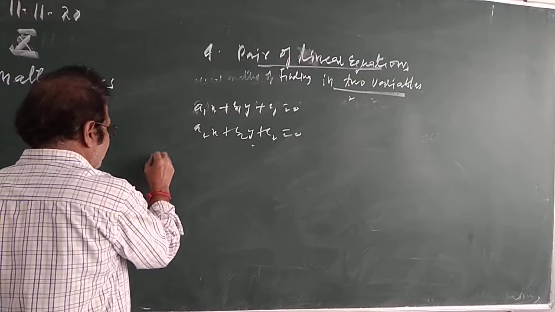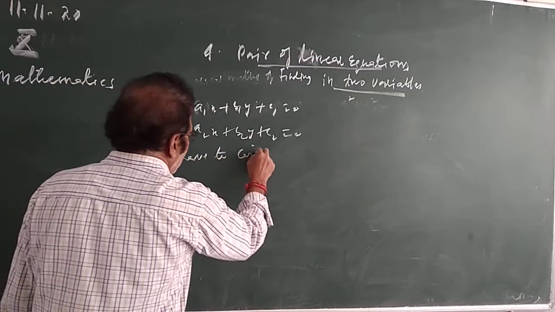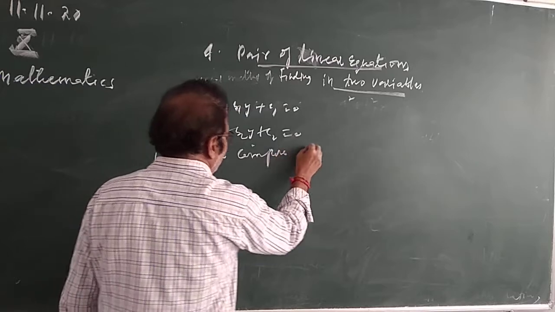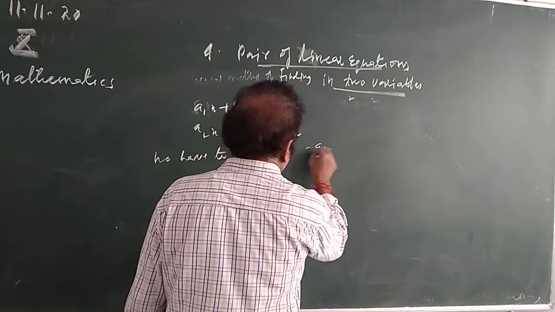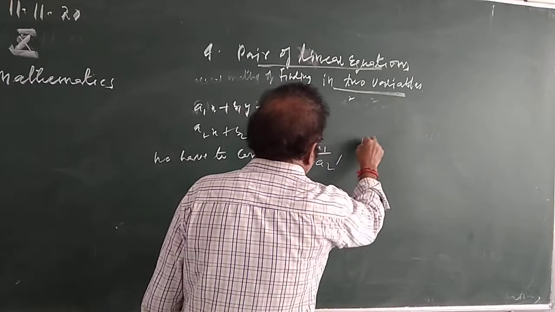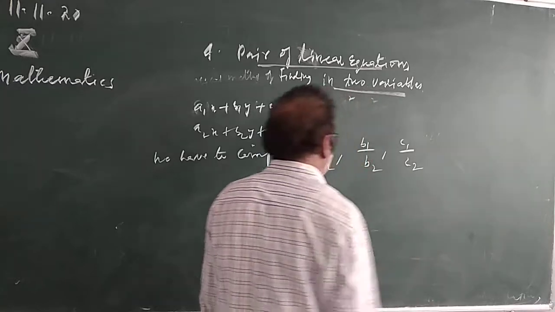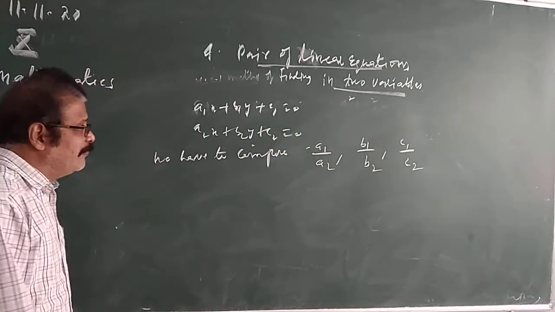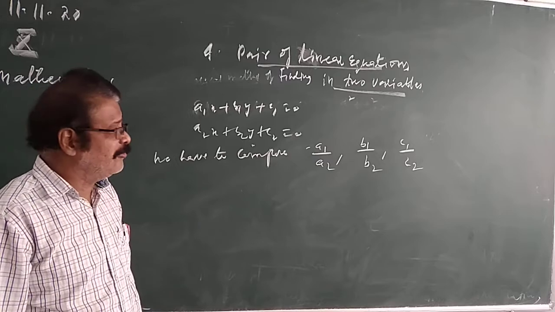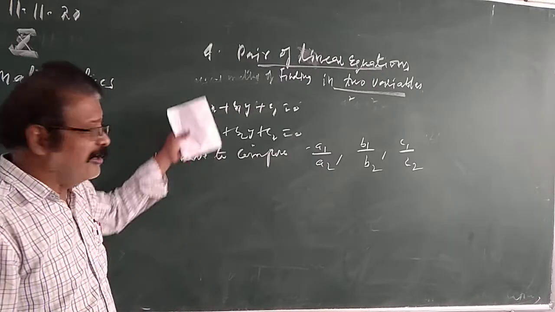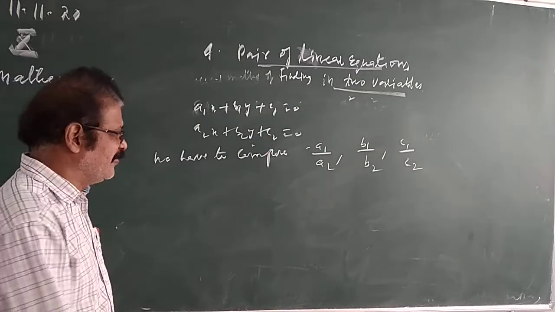Algebraically, we have to compare coefficients. We have to compare a1 by a2, b1 by b2, c1 by c2. a1, a2 are the x coefficients, b1, b2 are the y coefficients, c1, c2 are the constants.